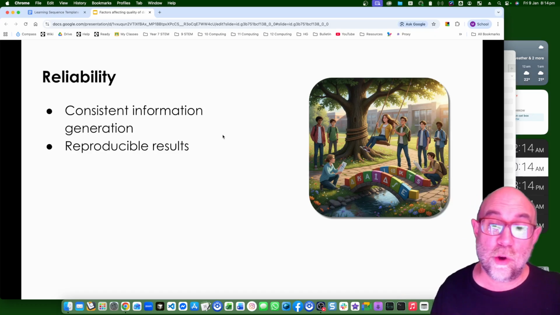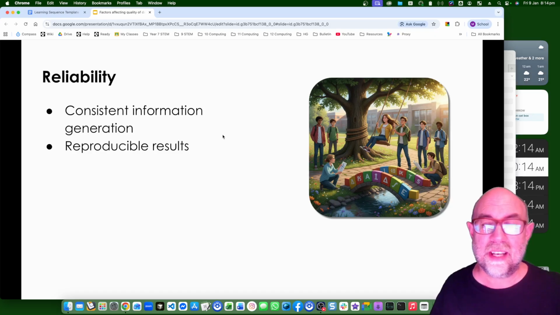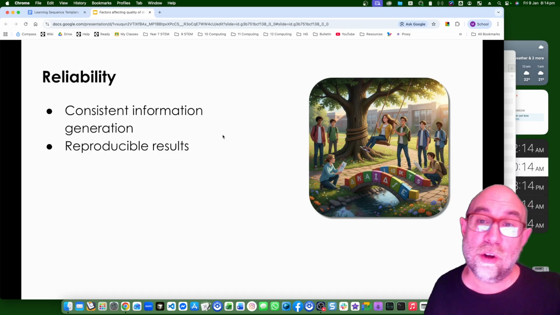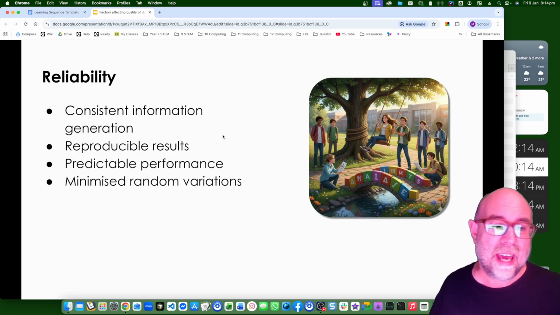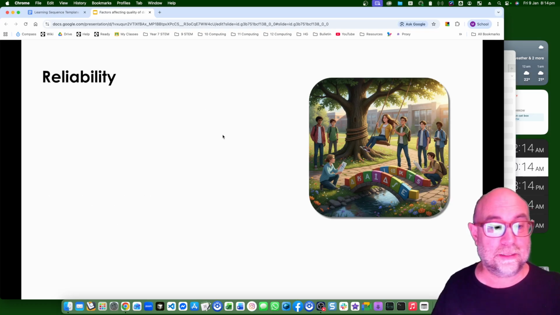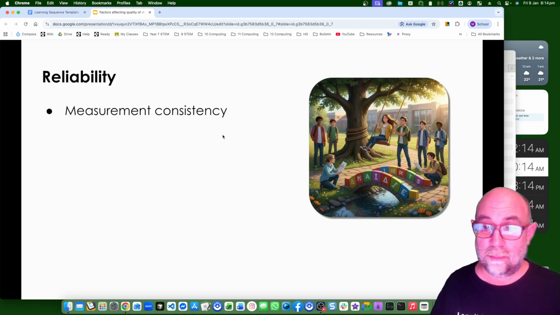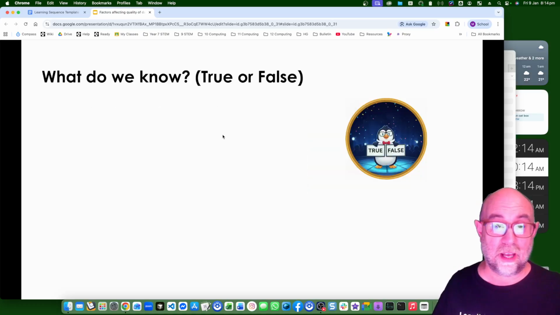We're going to have a low reliability because we're not going to be getting consistent results from it. So that's what reliability means. It doesn't necessarily mean you can rely on it. It's a measure of the sort of stability of what you're measuring. And it's about having a predictable performance and random variations. And reliability, for some reason, I have twice in this slide pack.